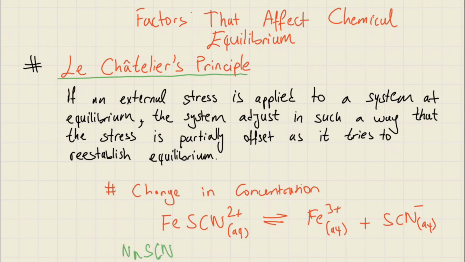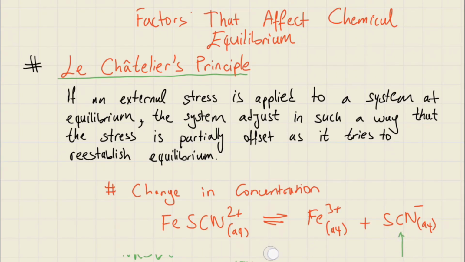So obviously sodium thiocyanate is soluble in water, and if we add it, it creates sodium plus thiocyanate ions in water. And if we add sodium thiocyanate, then the thiocyanate ion concentration increases, right?